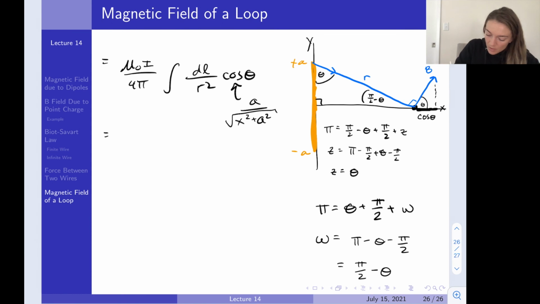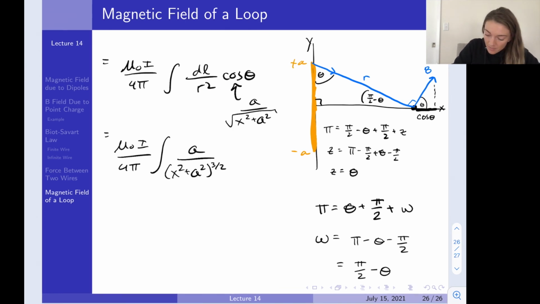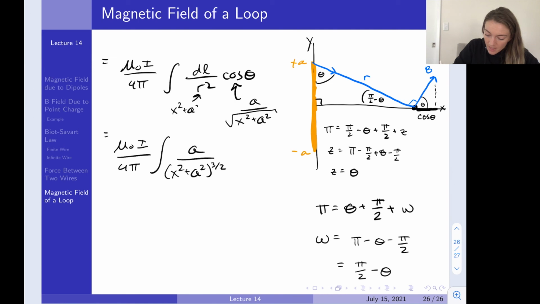So now I can plug everything in. I have a over x squared plus a squared, then I have the 3/2 from this r squared, because that's x squared plus a squared. So I have 3/2 on the bottom here, and then I'm integrating with respect to dl.